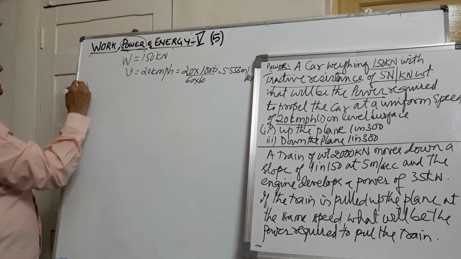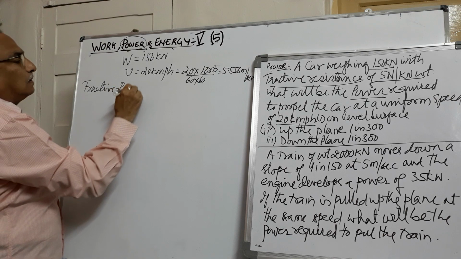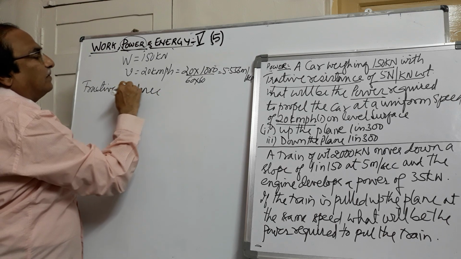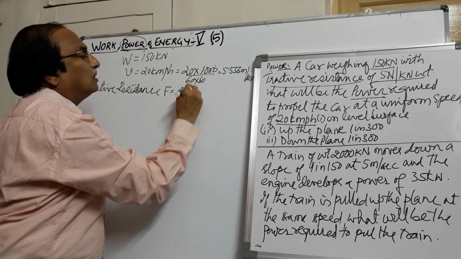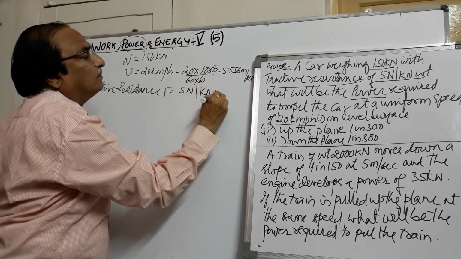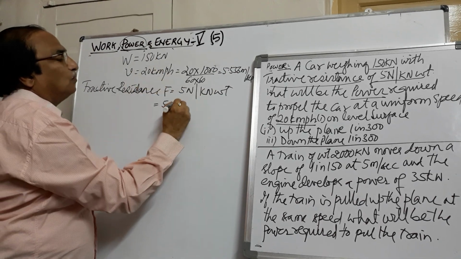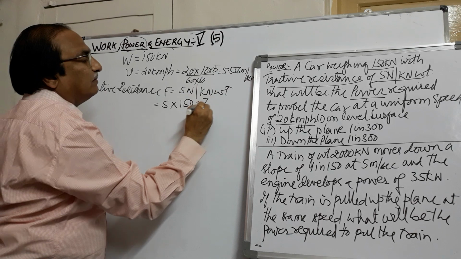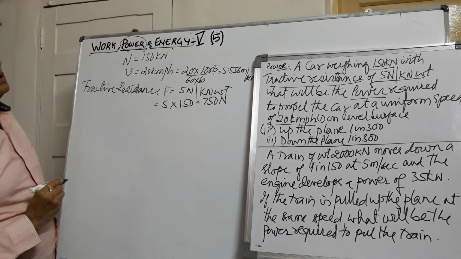And he has given the tractive resistance, if I call it F, at the rate of 5 Newton per kilonewton weight of the car. So here this is 5 and the total weight is 150, so this will be equal to 750 Newton, the tractive resistance of the car.